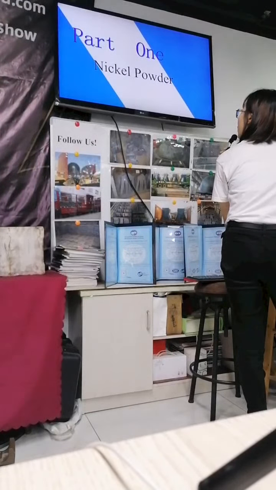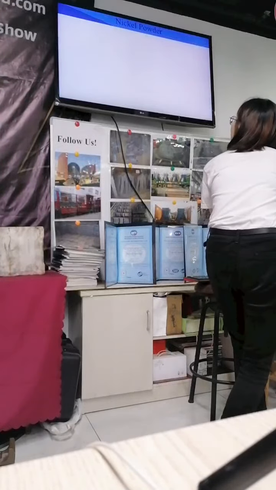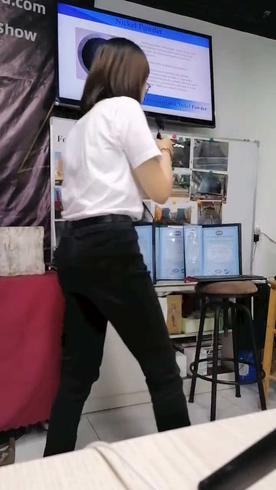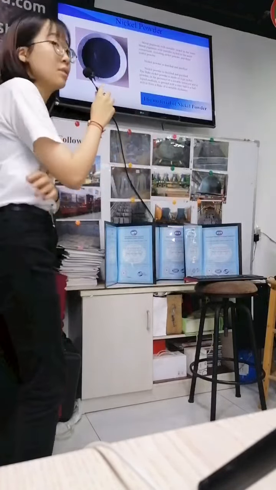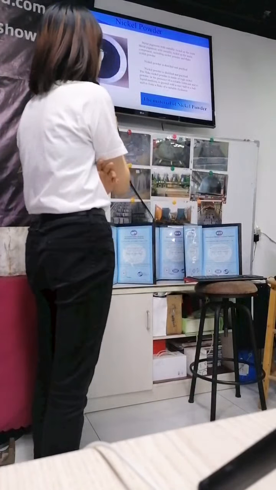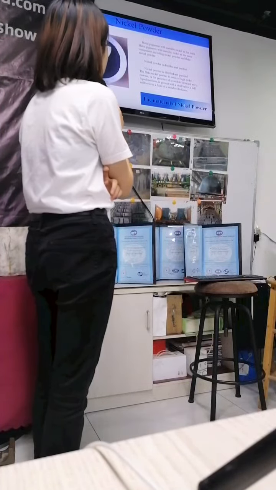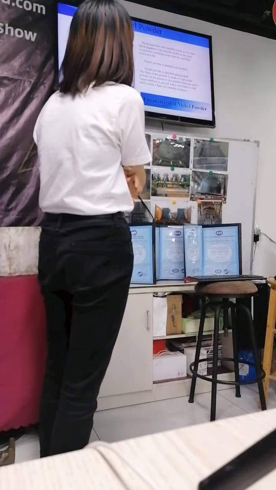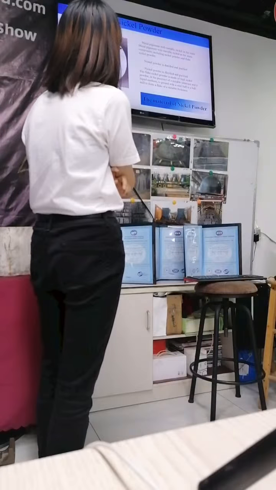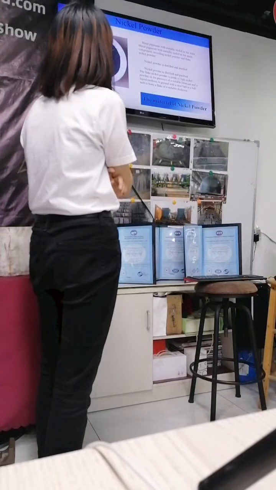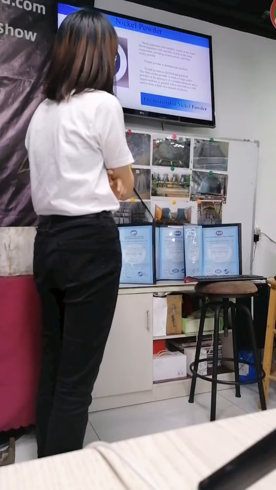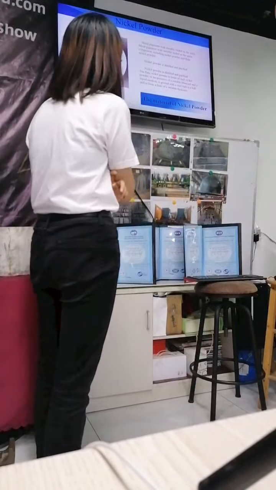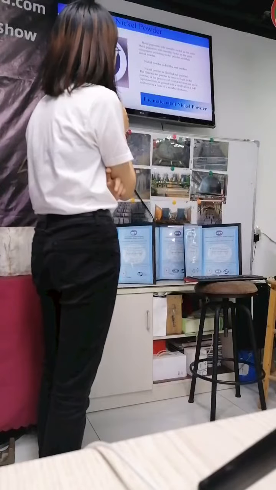About nickel powder? The first thing you may want to know is about the material of nickel powder. Nickel powder is the main metal pigment with nickel as the main component, including nickel powder and flake nickel powder.